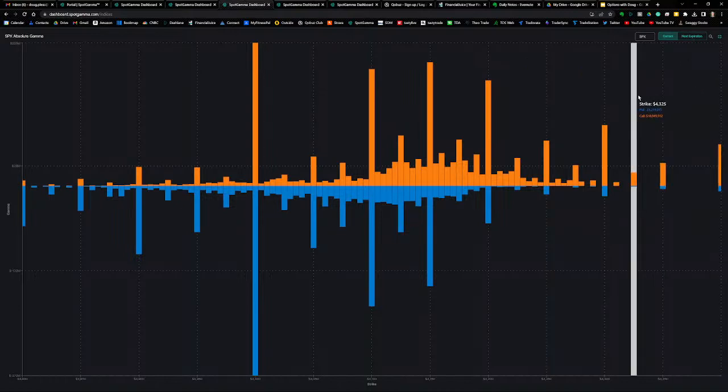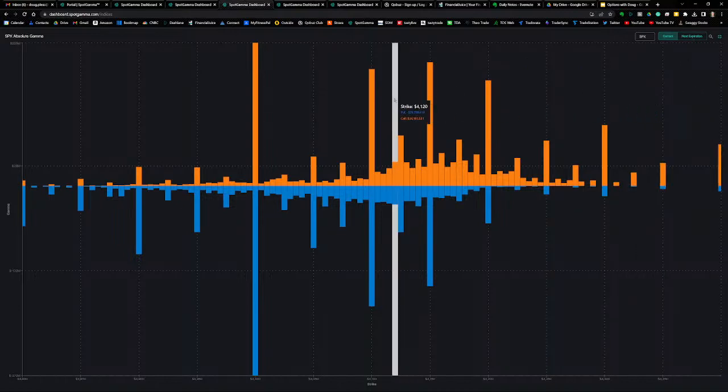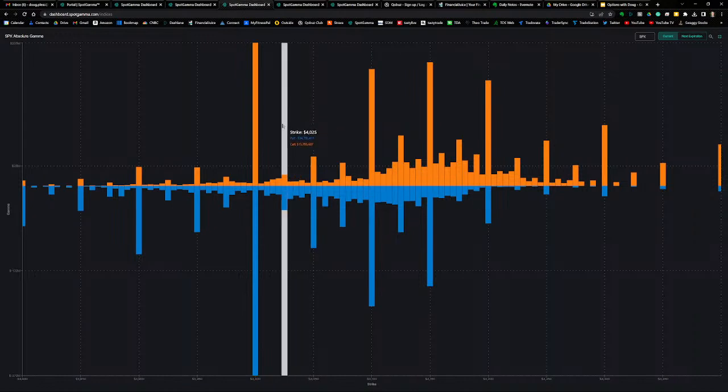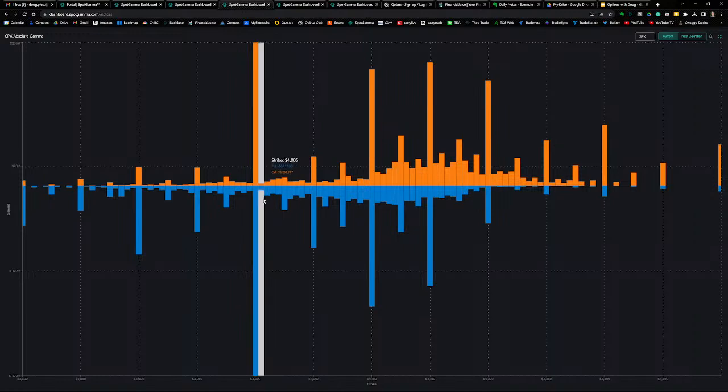And for SPX, what this is showing is positive gamma or call gamma, shown with the orange bars, and the blue bars are showing negative gamma or put gamma. These are market makers' positions at these strikes. Call gamma, positive gamma above with the orange bars, and negative gamma or put gamma below with the blue bars.